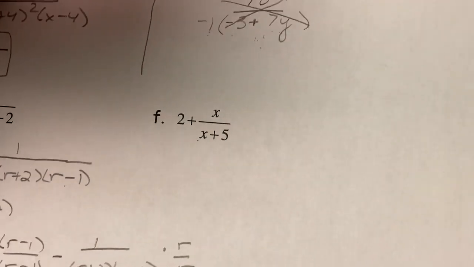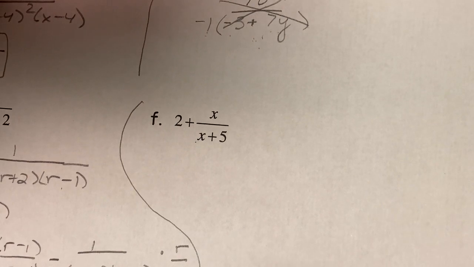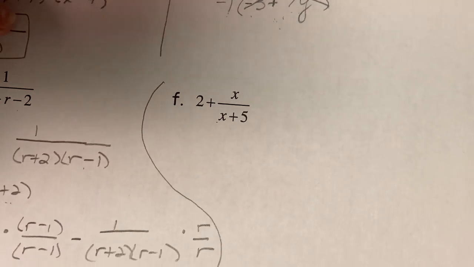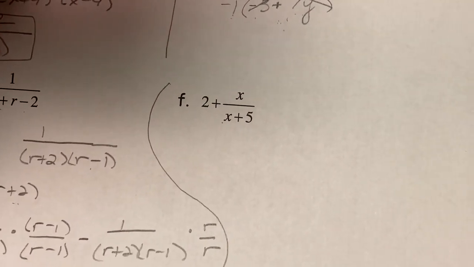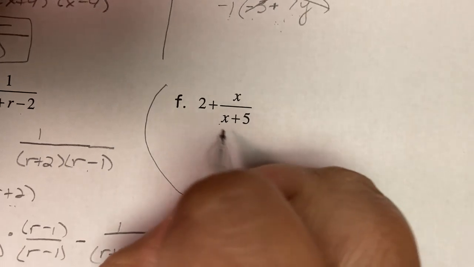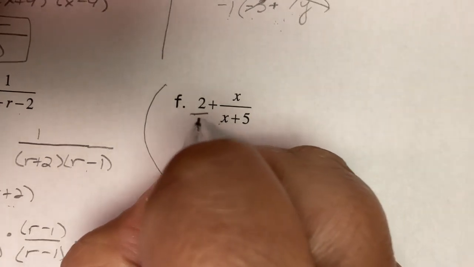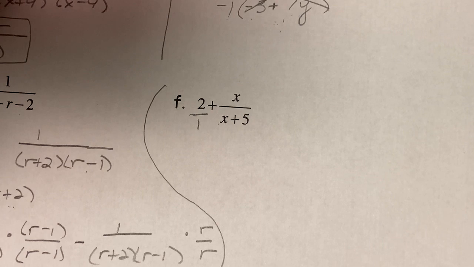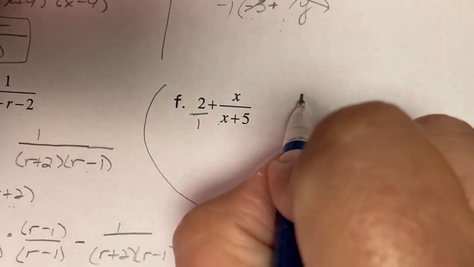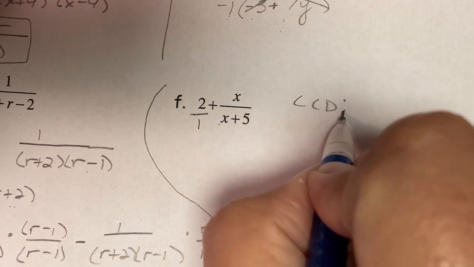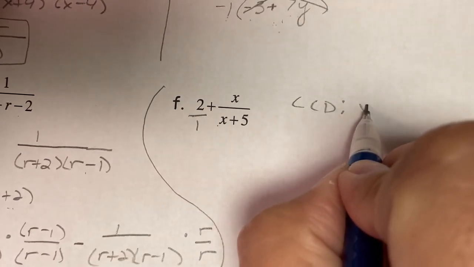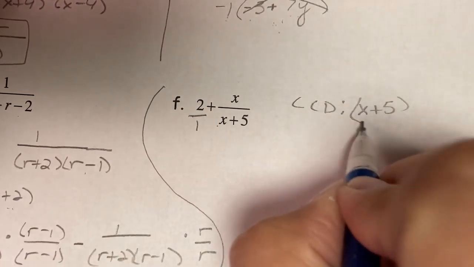All right, now I kind of went into, if I go up to F, I kind of went into that space. So I'm going to kind of do that. So the first thing you want to realize is this is really 2 over 1. So what is my lowest common denominator? Well, my lowest common denominator is simply x plus 5.